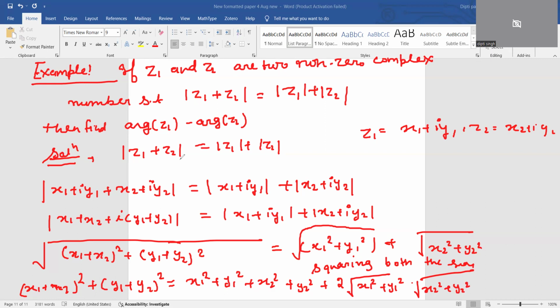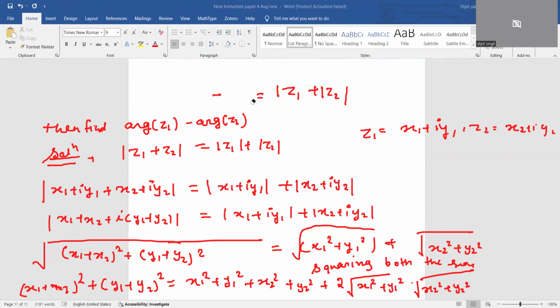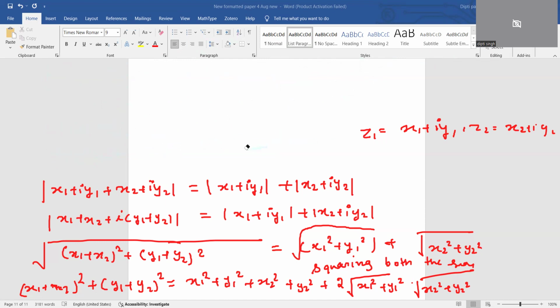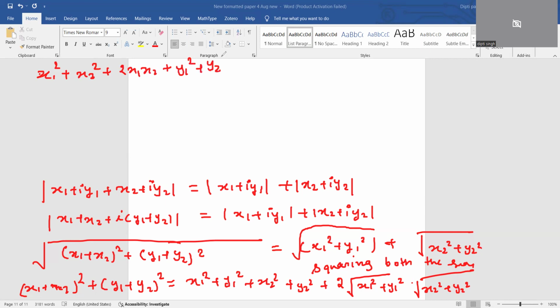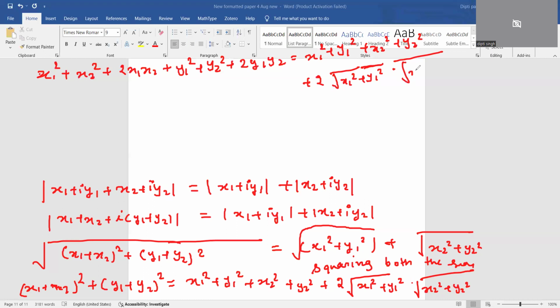Now we can also open these. We get x1 square plus x2 square plus 2x1 x2, likewise y1 square plus y2 square plus 2y1 y2.